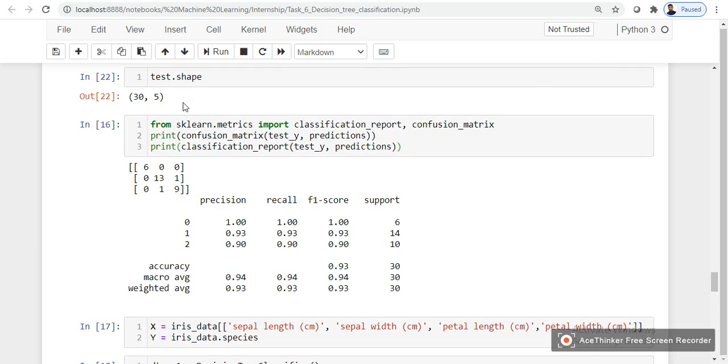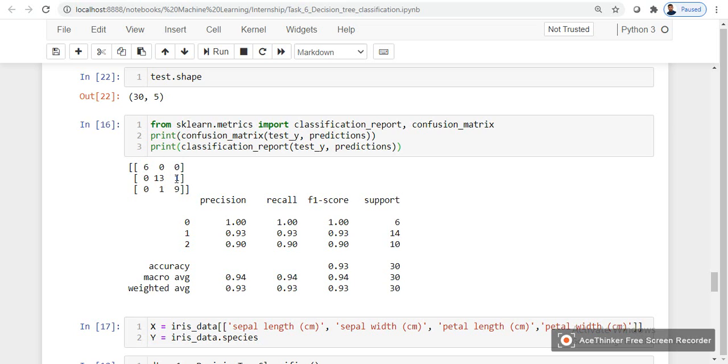Here for the test data we have 30 data points, out of which 6 are class 0, 14 are class 1, and 10 are class 2, altogether 30 data points. 6 data points have been classified as class 0, and 13 data points are correctly classified as class 1, as 13 data points originally belong to class 1.